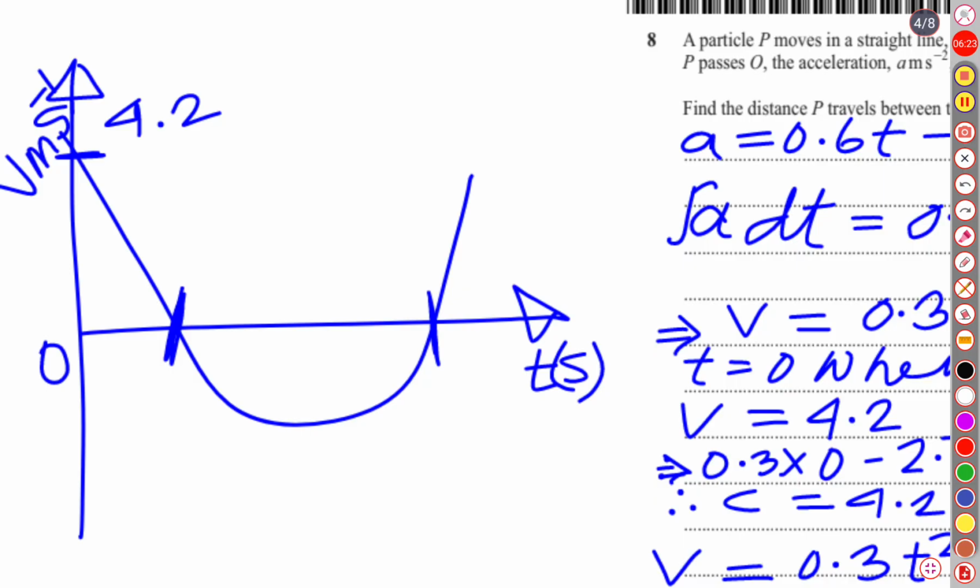At this point the particle was at rest, and remember the area lying below the x-axis. We can discuss this part later on, but I am just shading this region which is lying below the x-axis. As it is lying below the x-axis, definitely this shaded region is negative.